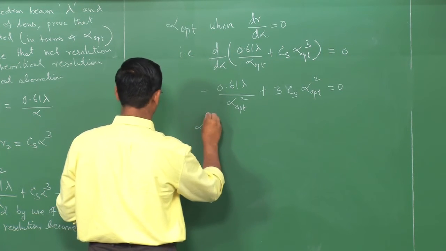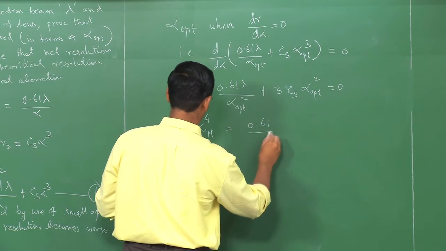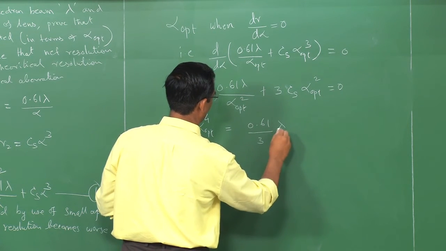alpha opt to the power 4 is equal to 0.61 by 3 lambda by Cs.